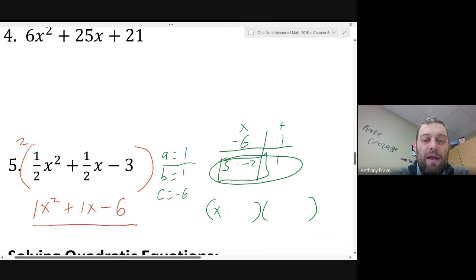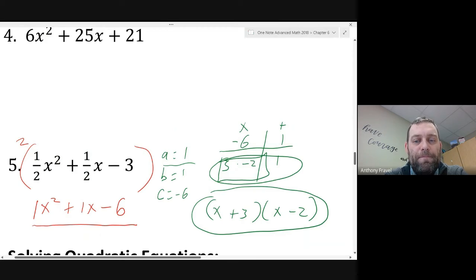And I get x plus 3, x minus 2, and that's it for my answer. Again, if you have fractions, get rid of the fractions, find something that they can all multiply by together to get rid of those fractions to allow it to happen.